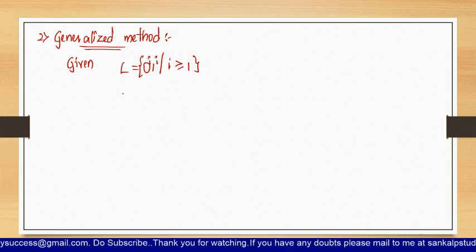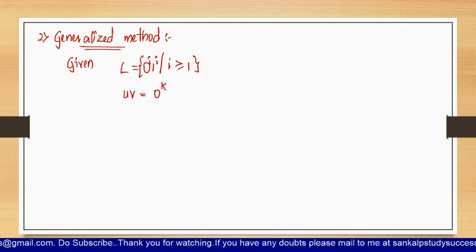Now let us consider uv is equal to 0 power k. That means we can consider any string, or you can decompose the given string into 0 power k, where uv is 0 power k. Then what will be v? It will be equal to 0 power j.